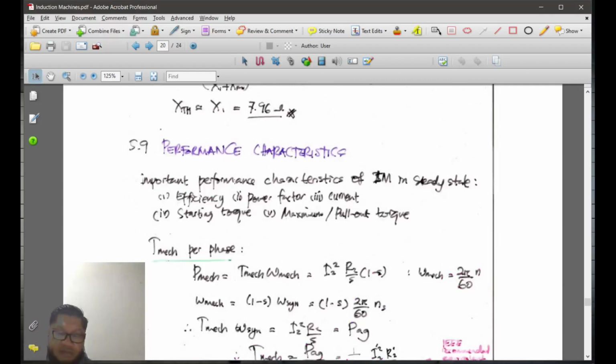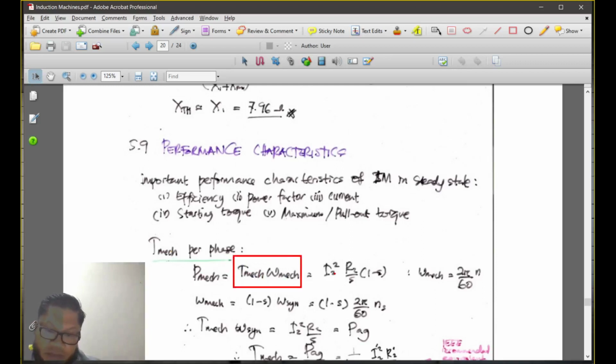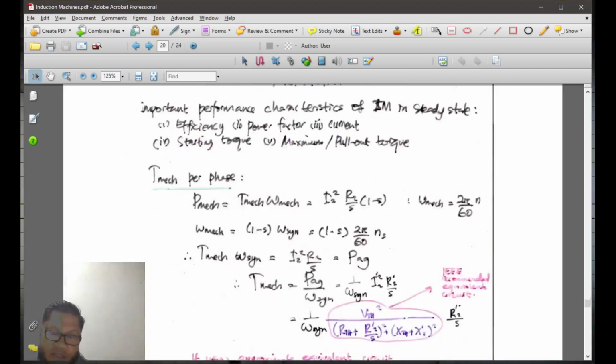Right. So Tmax is the mechanical torque per phase, torque max. You know this equation, isn't it? Tmax times omega max equals I2 squared R2 over S minus S. And omega mechanical equals 1 minus S times omega synchronous, which is the rotor side.